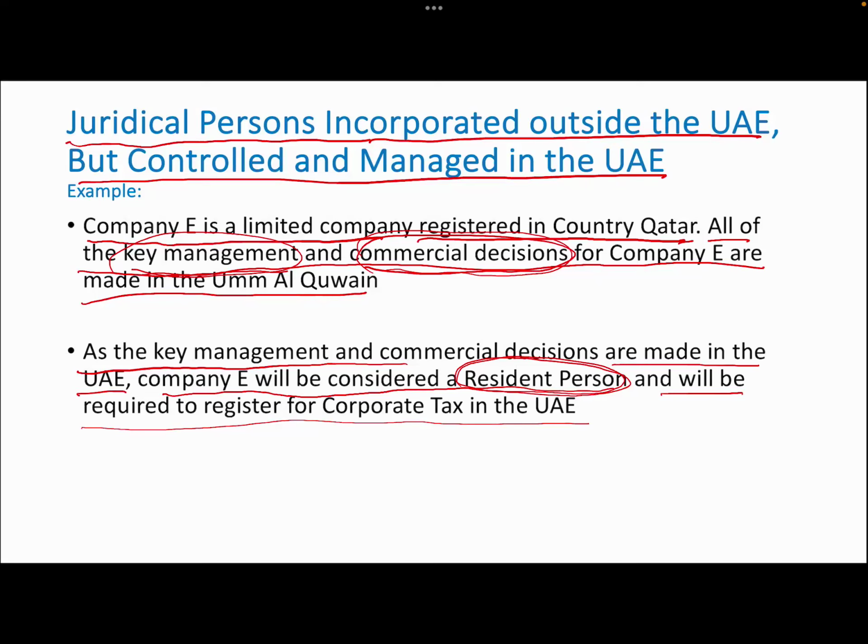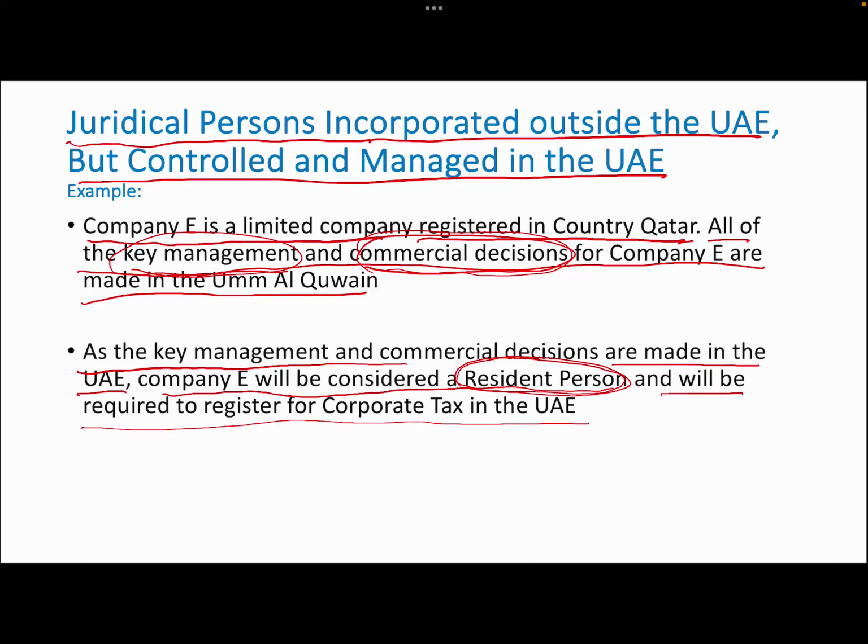But for now, just remember, if there is a company incorporated outside of the UAE, but that company is being managed in the UAE, and key management decisions are being taken in the UAE, then that company automatically becomes a resident person.